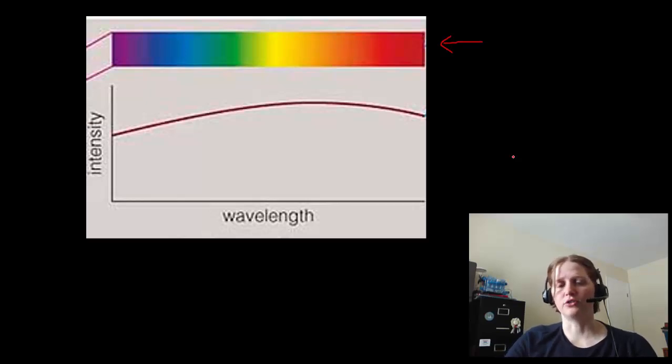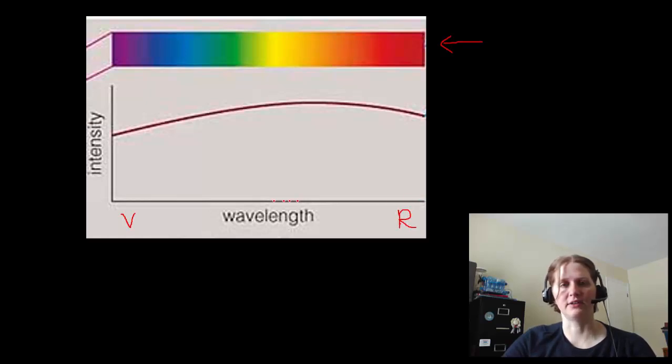But that can be hard to record and share and discuss, so a lot of times we'll just turn it into a graph. Let's label it simply from red to violet.